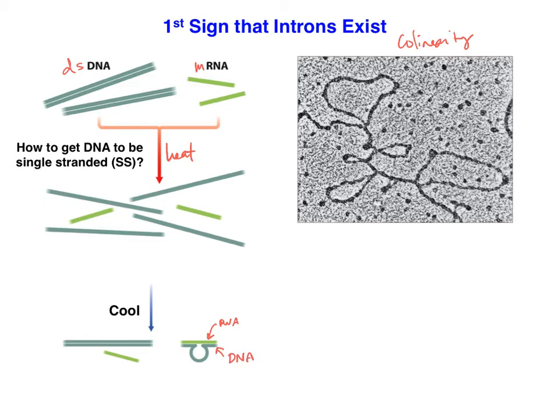I think you can see here when RNA and DNA hybridize, we sometimes end up with a loop of material that's not part of the hybridization. And that's what's shown in this micrograph over here.